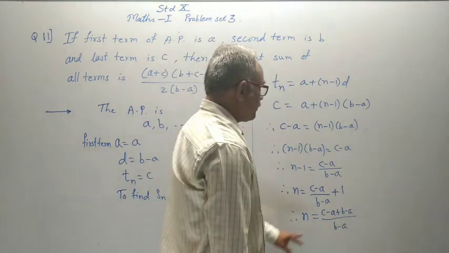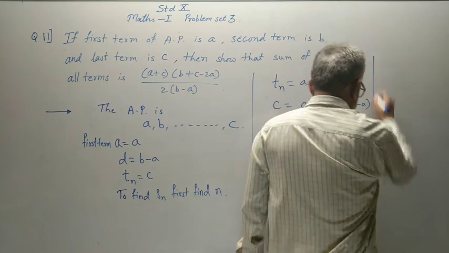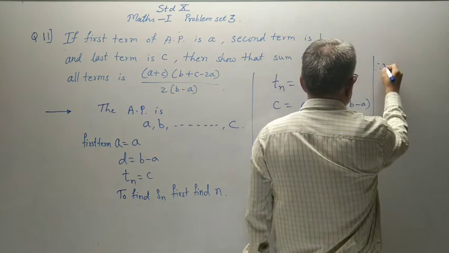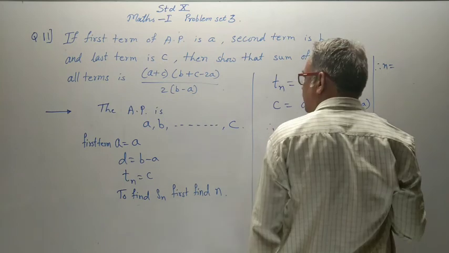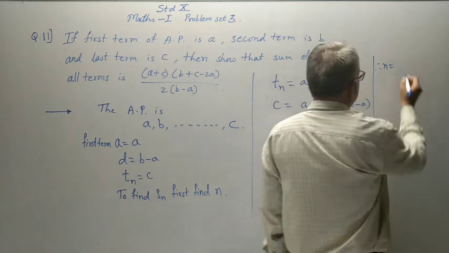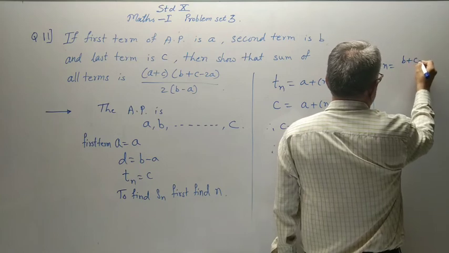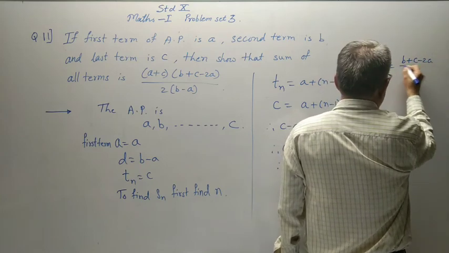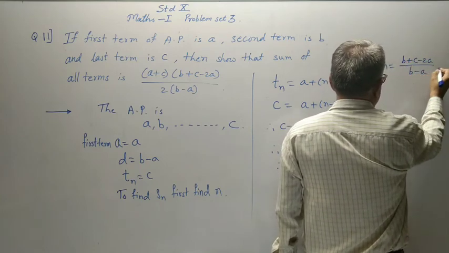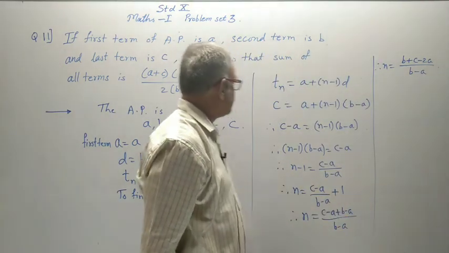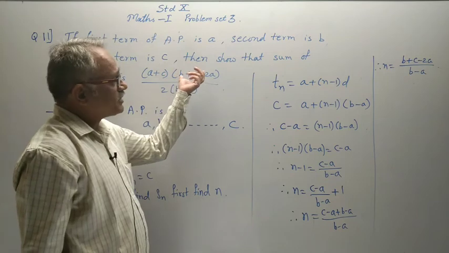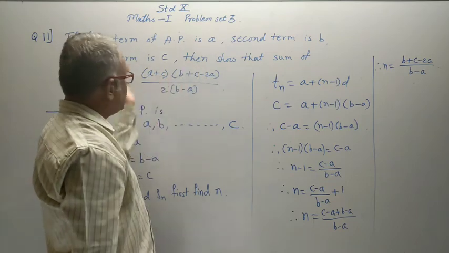And therefore what is the value of n? n is equal to (B plus C minus 2A) upon (B minus A). This is the n value. C minus A plus B minus A gives B plus C minus 2A, which we require in Sn.